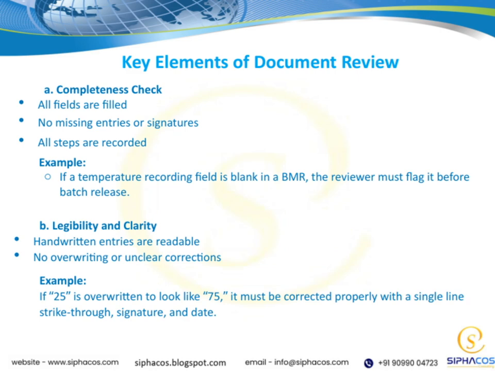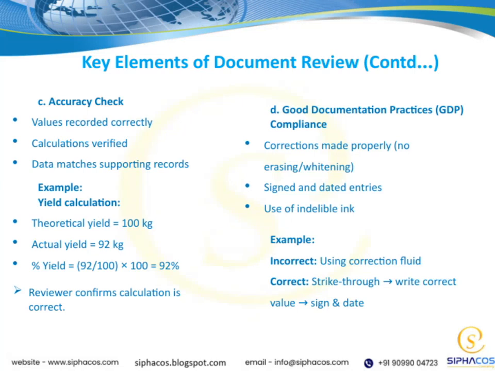This ensures that no important data is overlooked and that the record is accurate and reliable. Overall, these points highlight how critical it is to maintain clear, complete, and correct documentation to support quality and safety in our processes.